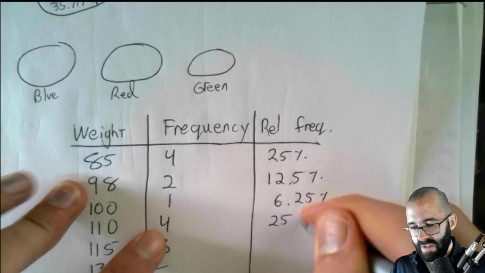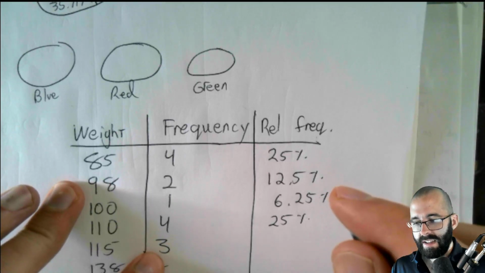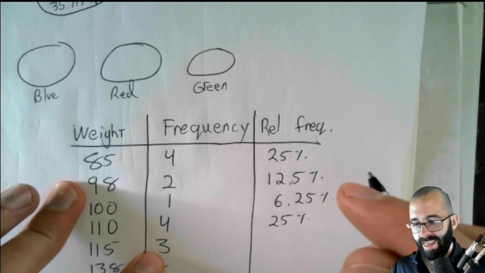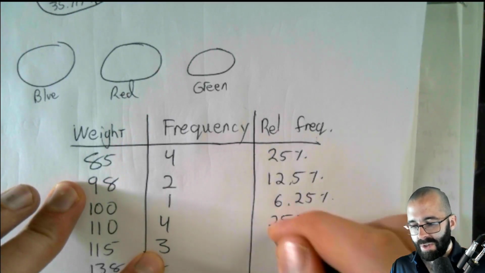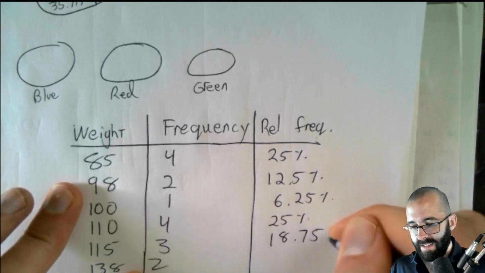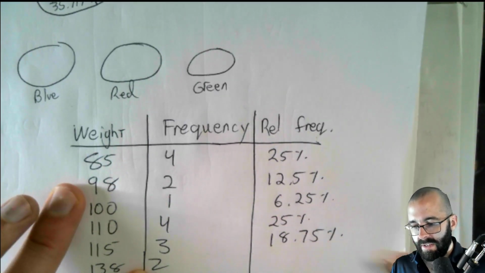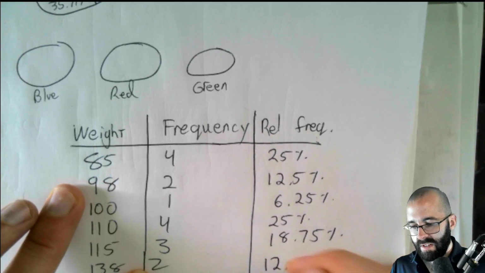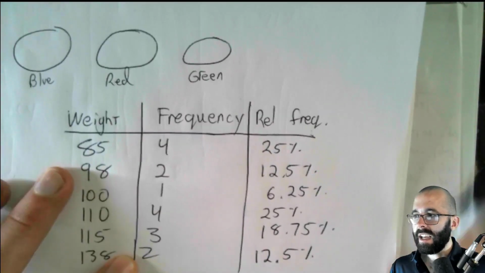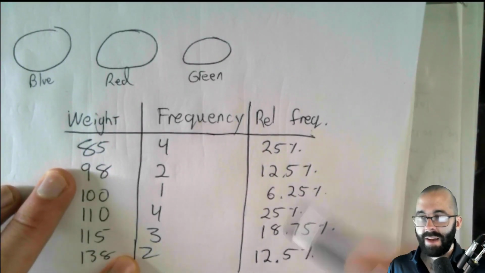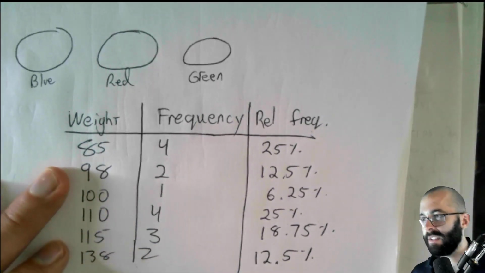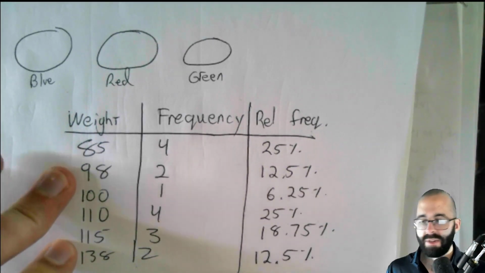Back to 25%. 3/16. 18.75%. 1/8. Back to 12.5%. And again, if you're doing this right, all of these should add up to 100%. And that's our frequency table.